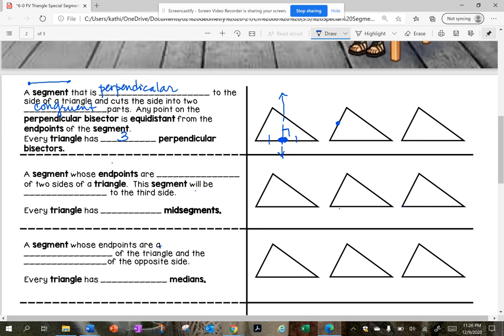If I do this side, these two sides are cut into two equal parts and perpendicular. And my third side, I cut it into two equal parts. There we go. And we're at right angles.